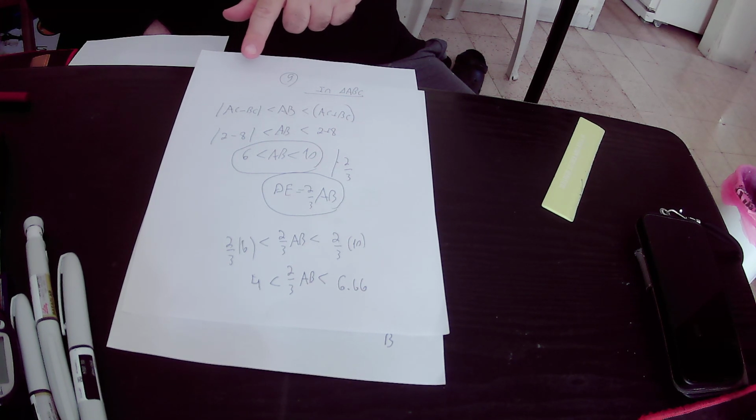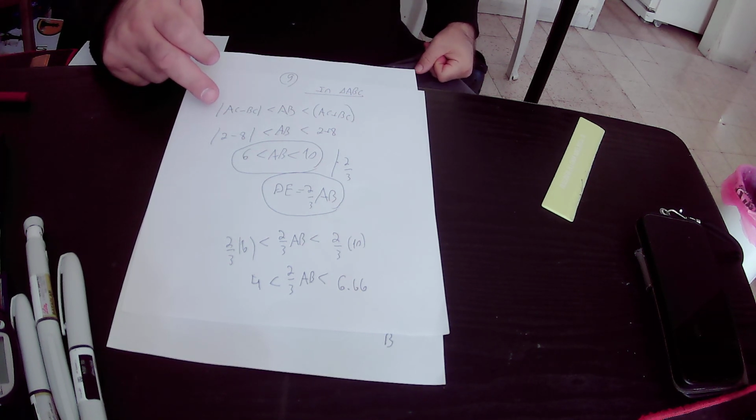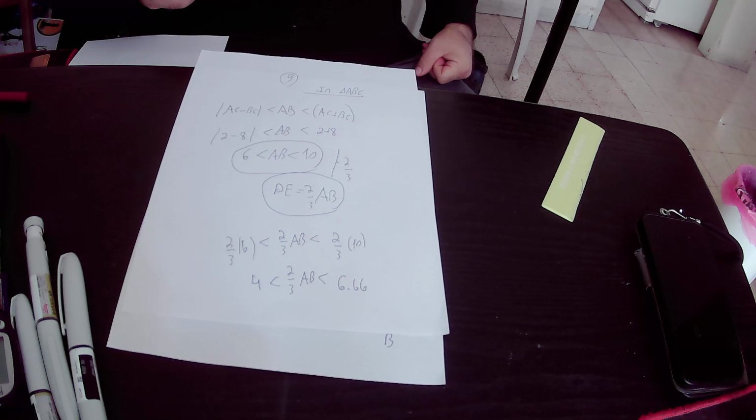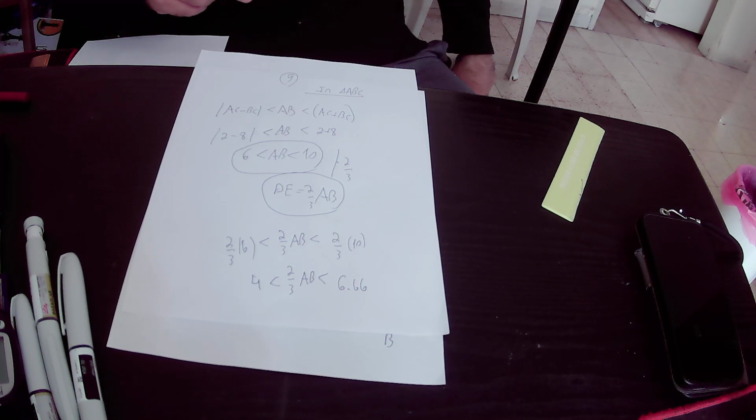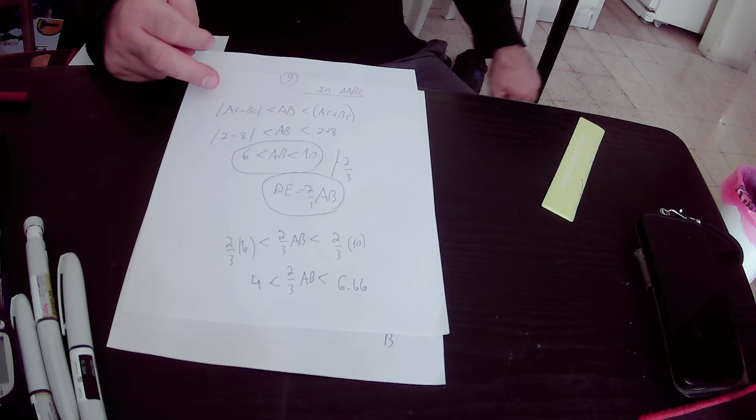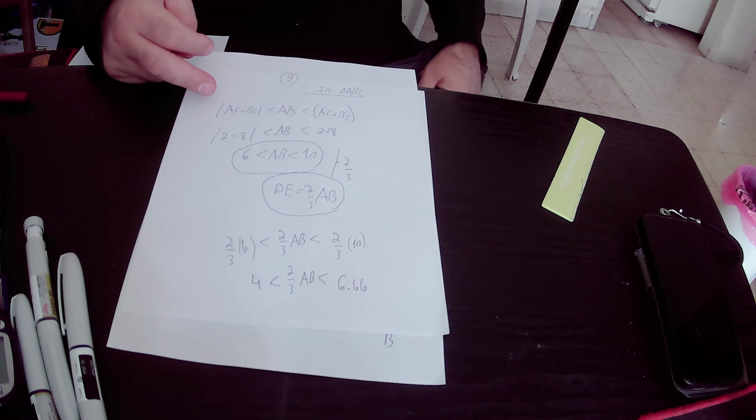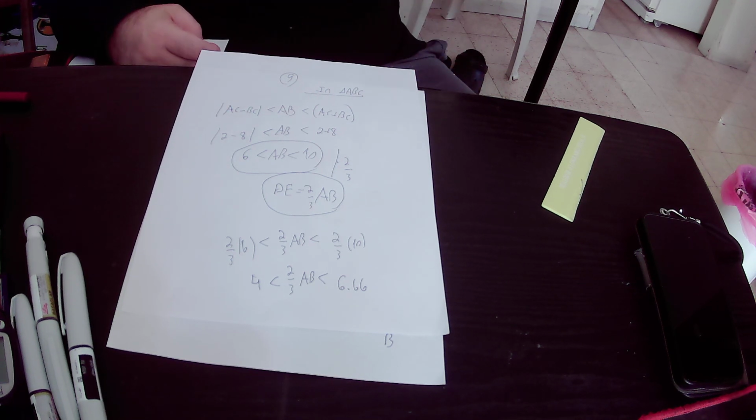That is to say, it is greater than AC minus BC. We know that AC equals 2 units and BC equals 8 units, so AB will be greater than 2 minus 8 is minus 6, and the absolute value of minus 6 is 6, and 2 plus 8 is 10, so AB is greater than 6 and less than 10.